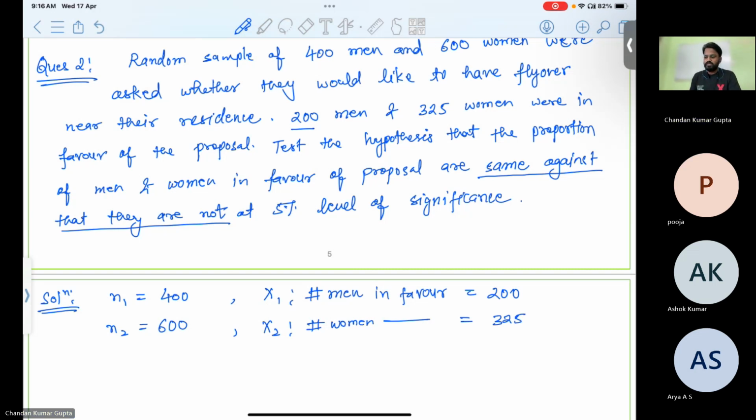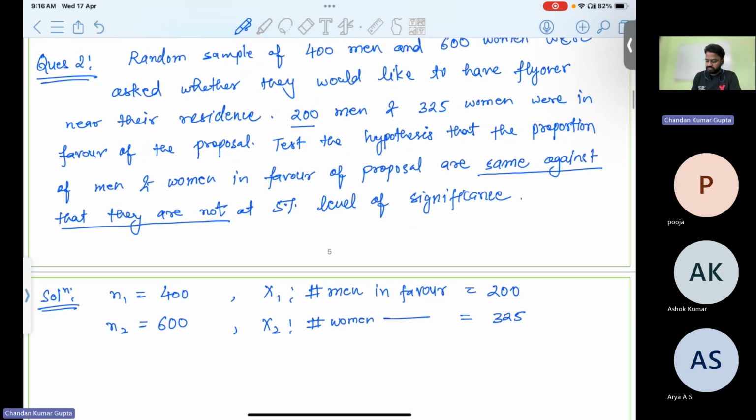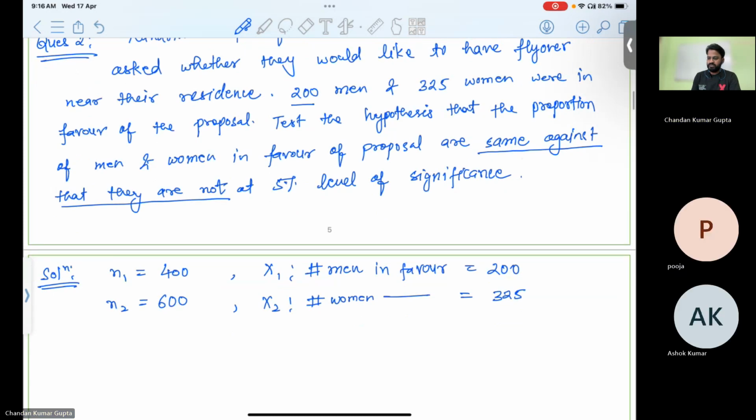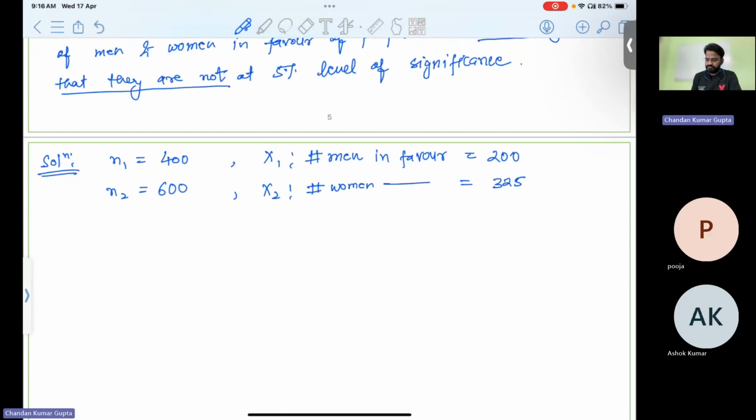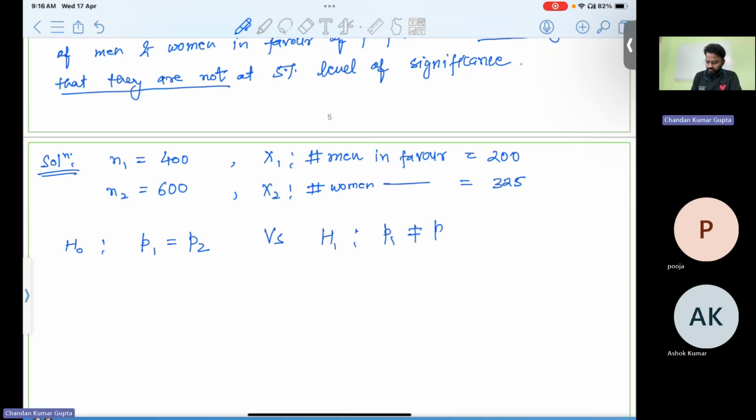Okay. And now we need to frame our hypothesis. So the hypothesis is same against not same. So that means our hypothesis is, let p1 equal to p2 versus p1 not equal to p2. Okay, p1 is the proportion of men, p2 of women. So we need to check whether p1 equals p2 or p1 not equal to p2.